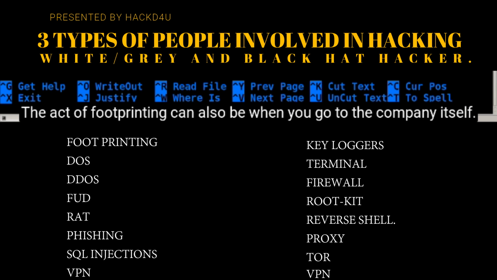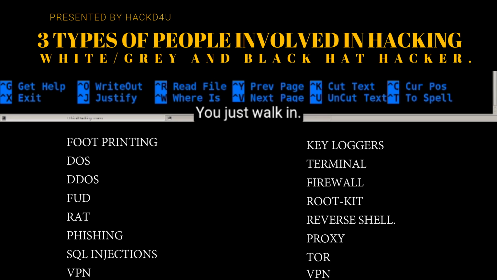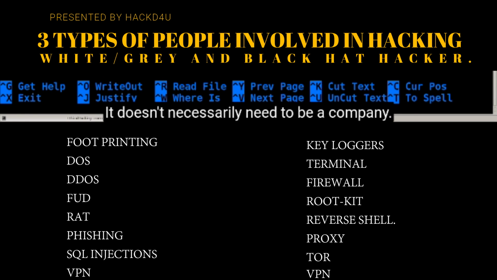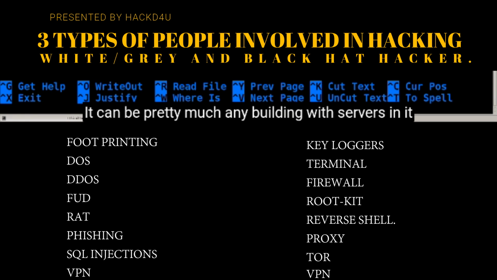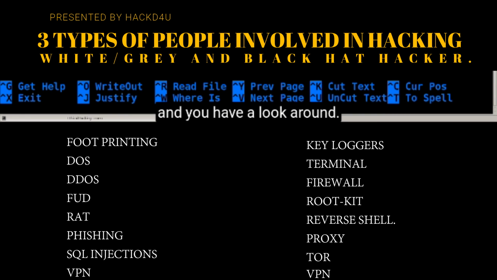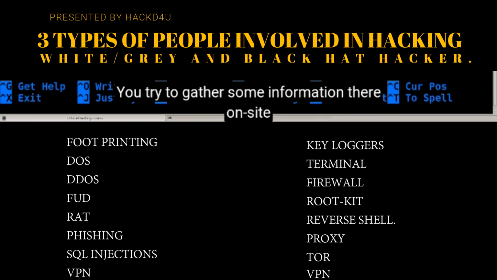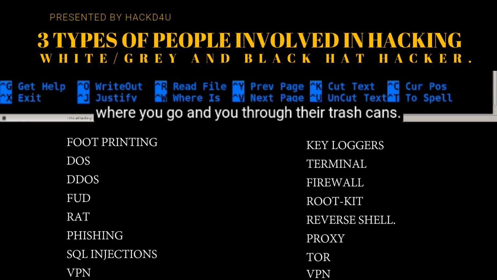But it doesn't necessarily need to be confined to the digital world. The act of footprinting can also be when you go to the company itself, you just walk in. It doesn't necessarily need to be a company, it can be pretty much any building with servers in it. And you have a look around, you try to gather some information there on site, or you go and dig through their trash cans.